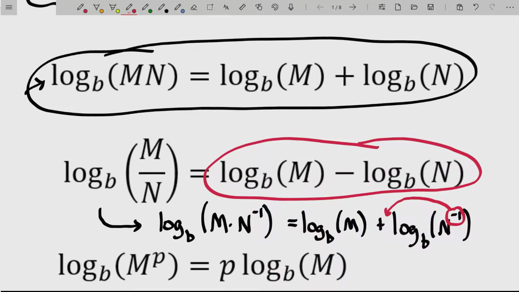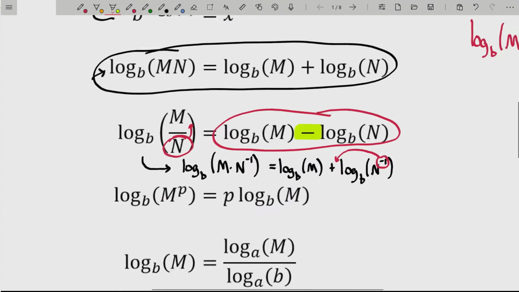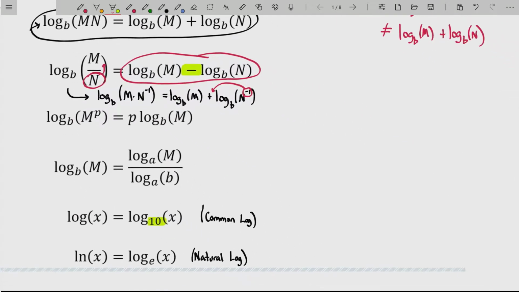And really what I'm trying to say here is, anytime you have objects in the denominator, they can be thought of as moved into the numerator with negative exponents, and what happens to them in the end is they become subtractions. So if I wrote down log base b of, I'll just do capitals, capital ABC over capital DEF.